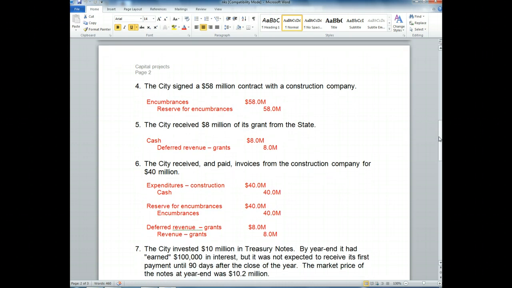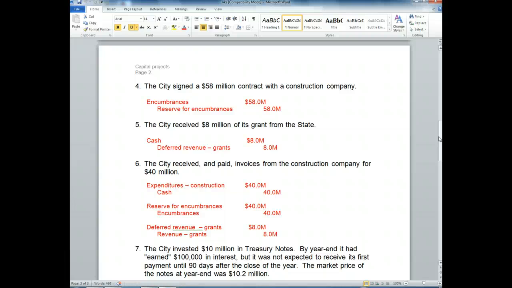Let's look at grants. Oftentimes when the state or the federal government provides a grant, until you have those monies to pay for that grant, you're going to have to treat it as a deferred revenue, because it's not really going to be revenue until you've got that money in place to pay.